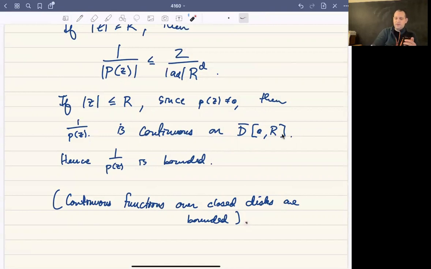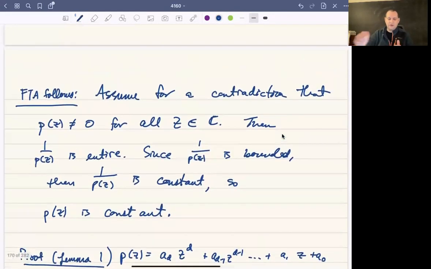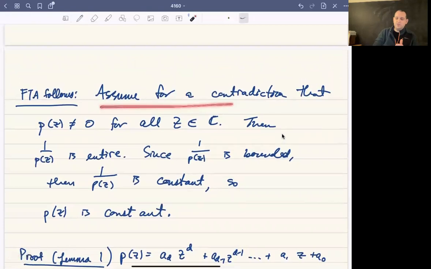And so this puts everything together. Since our function 1 over p of z was entire, and since it's bounded, that means it must be constant. That violates all of our assumptions. And remember, I just want to point out that the way we started this proof is that we assumed for a contradiction that p of z was not equal to 0. And we showed that if we make this assumption, then the function must be constant.